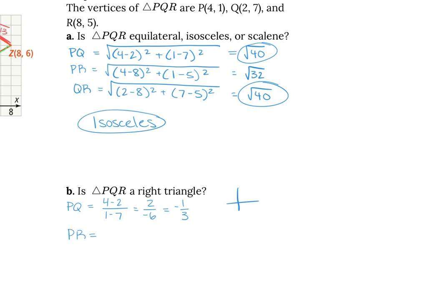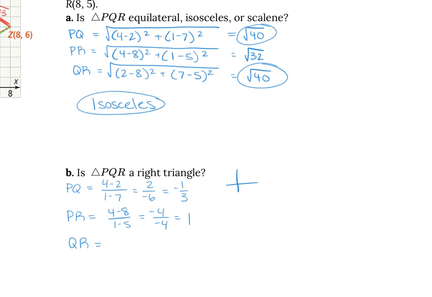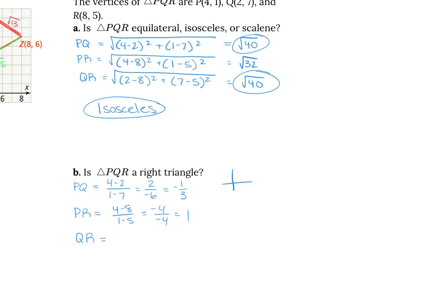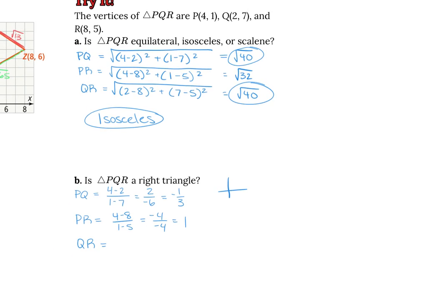PR. Okay, I will get negative 4 over negative 4, which will reduce down to 1. All right, and then we want to find the slope for QR. So far, I don't have any slopes that are negative reciprocals of each other.